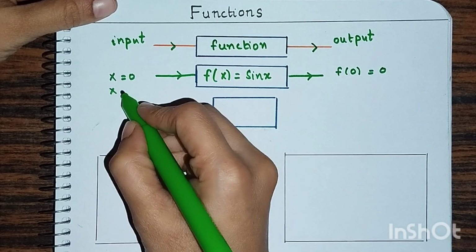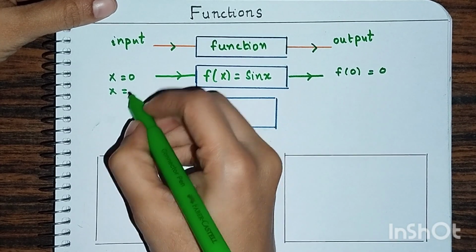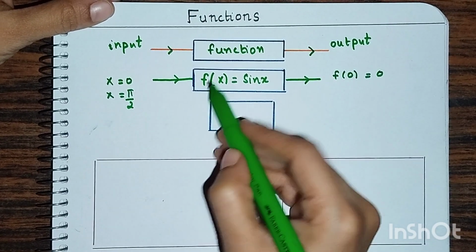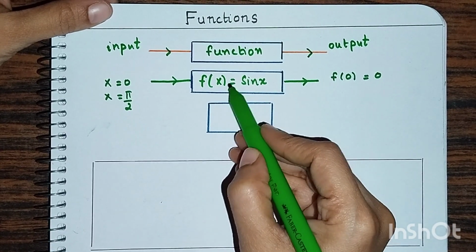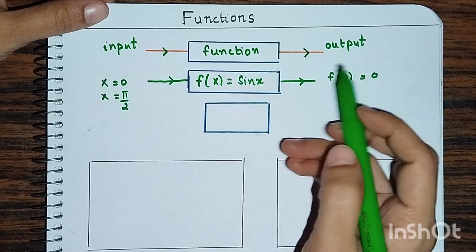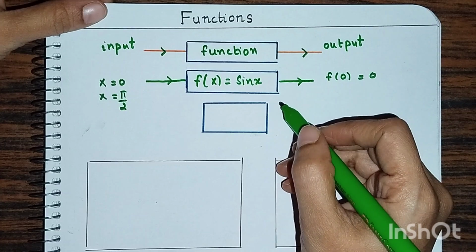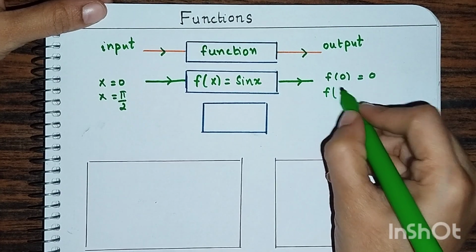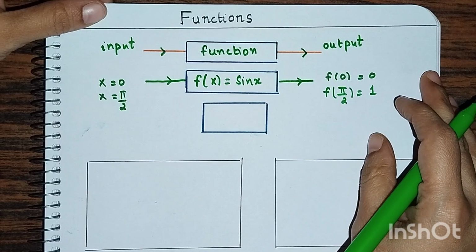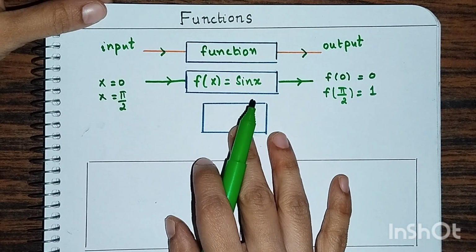Now if you send input x is equal to pi by 2, it will process f of pi by 2 is equal to sin pi by 2. Sin pi by 2 is sin 90 degree and sin 90 degree is 1. So f of the input pi by 2 is equal to the output 1. So this is how function works.